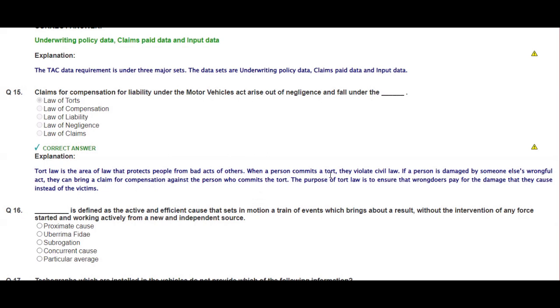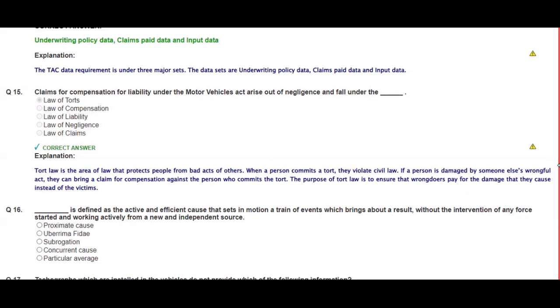When a person commits a tort, they violate civil law. If a person is damaged by someone else's wrongful act, they bring a claim for compensation against the person who committed the tort. The purpose of tort law is to ensure the wrongdoers pay for the damage they cause instead of the victims.